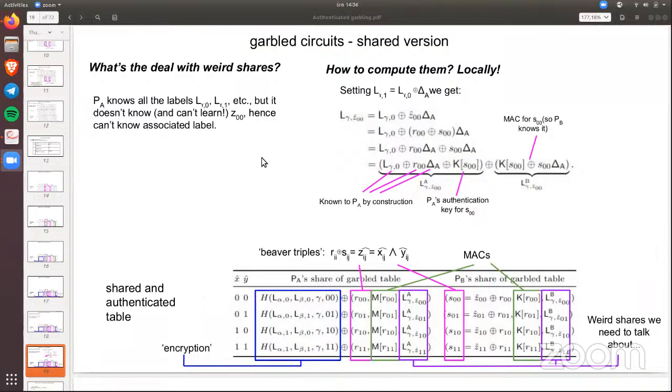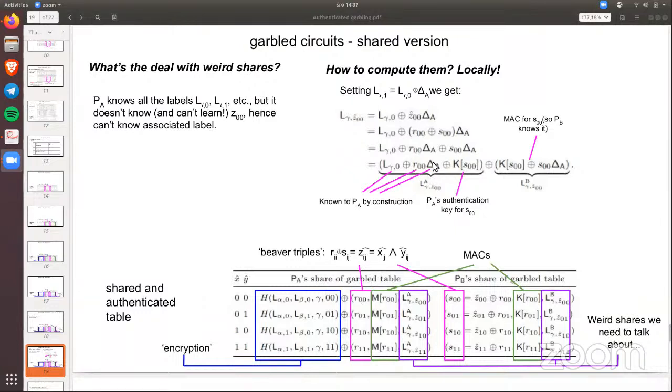And then after some derivations, we can see that this label, which has an index which is not known to the garbler, can be represented as the XOR of two things. The cleverness of it is that the first of these things is known to PA because this is the label for 0, which is known to PA. This is R00, which is PA's share, obviously known to PA.